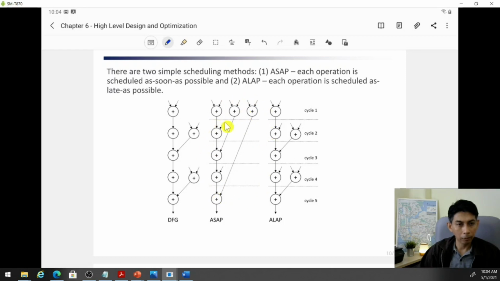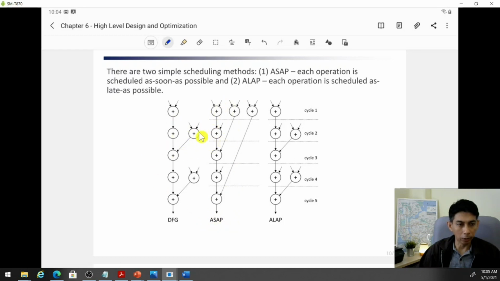Here is done in the first cycle, and the next process is done in the next cycle, cycle number 2, and this is cycle number 3, number 4, and number 5 until you get the output here. All right, this is called the as soon as possible scheduling.